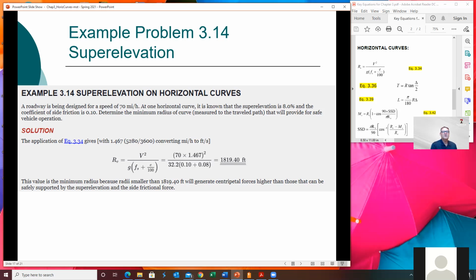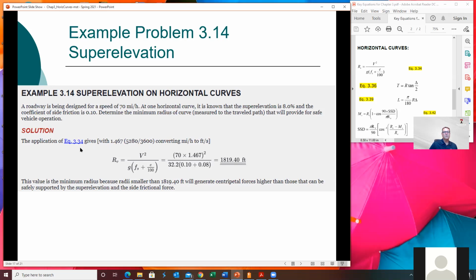So determine the minimum radius of curve measured to the traveled path that will provide for safe vehicle operation. Here's the key: measured to the traveled path basically means R sub V. If they said determine the minimum radius of curve without saying this, then you'd be looking for the radius R, not R sub V, but they're specifically asking you for that.